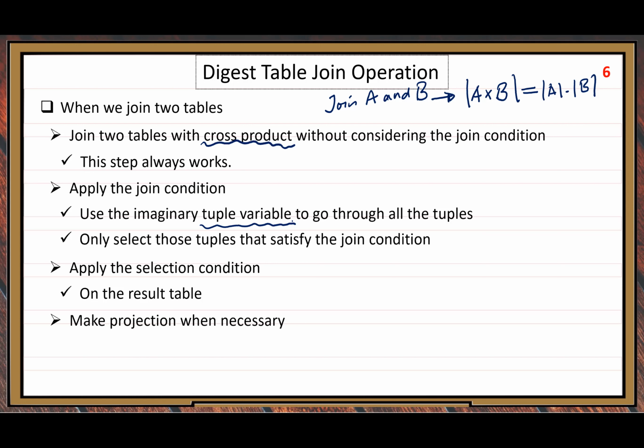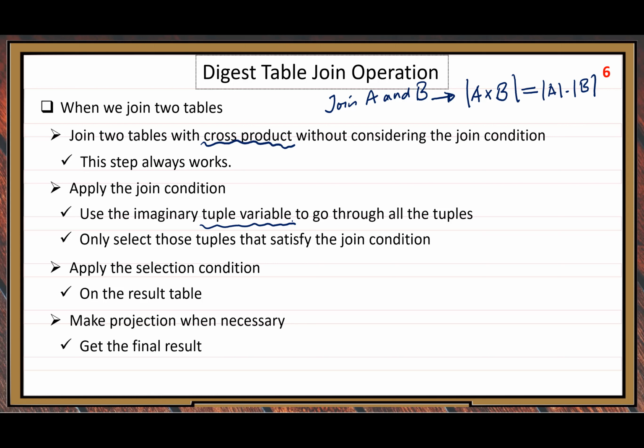You don't want to display all the attributes. You only need to display those attributes that our users need. In that case, you do the projection. So that's your final result. So this is all the details for a typical table join operation. After the projection step, you get a final result.